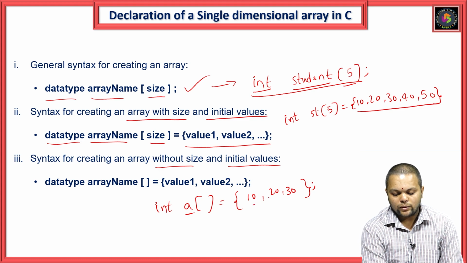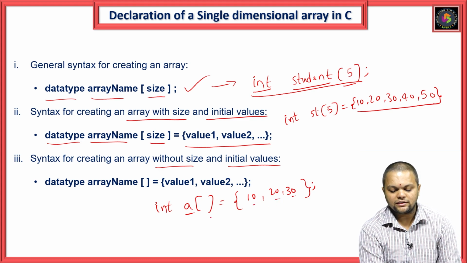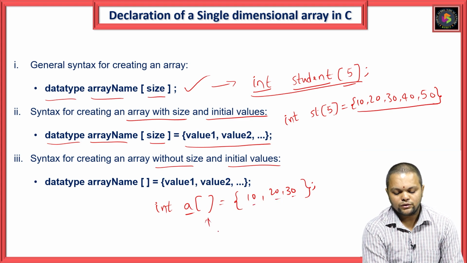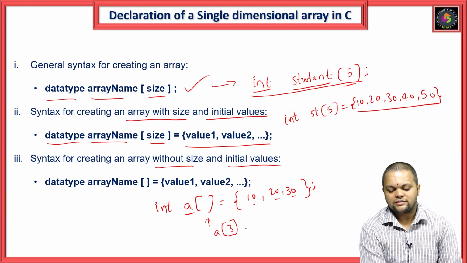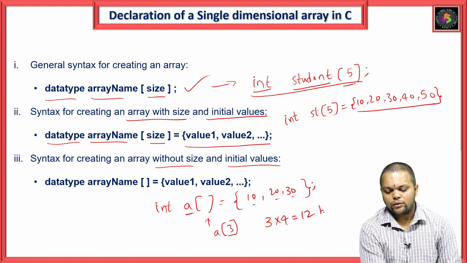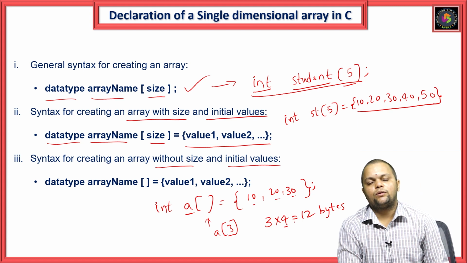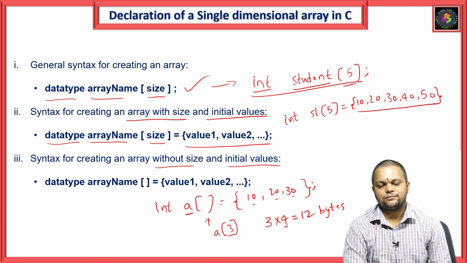It's nothing but 1, 2, 3. How many elements are there? 3 elements. This will store A of 3. And every integer has 4 bytes, so 3 into 4. It takes around 12 bytes of memory.